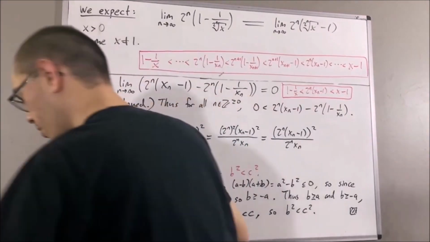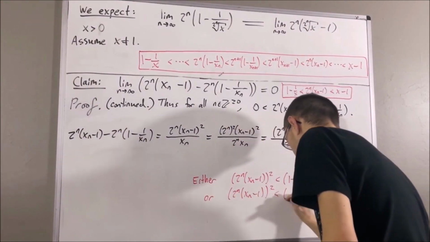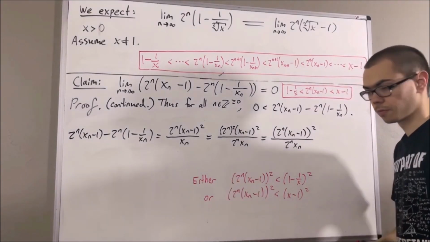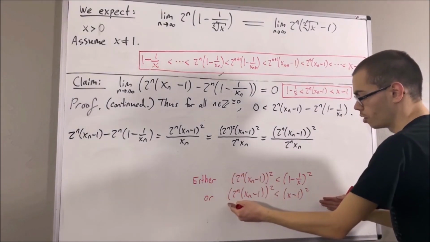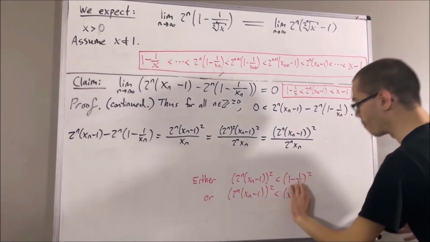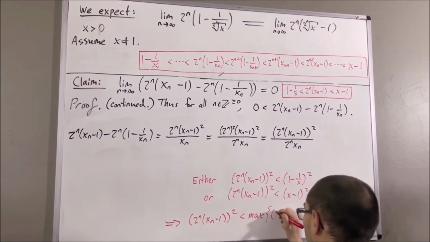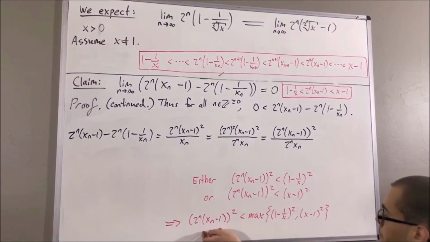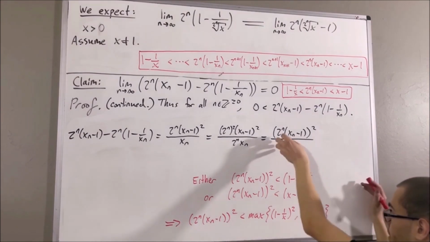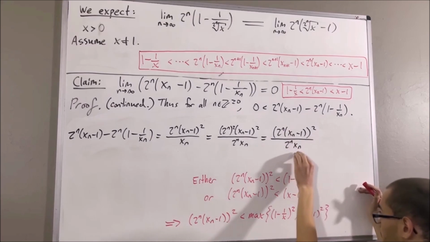In other words, either this is true or this is true. But no matter which one is true, 2 to the n times xn minus 1 squared must be less than the maximum of these two guys. And from this, it follows that this guy must be less than this guy over 2 to the n xn.